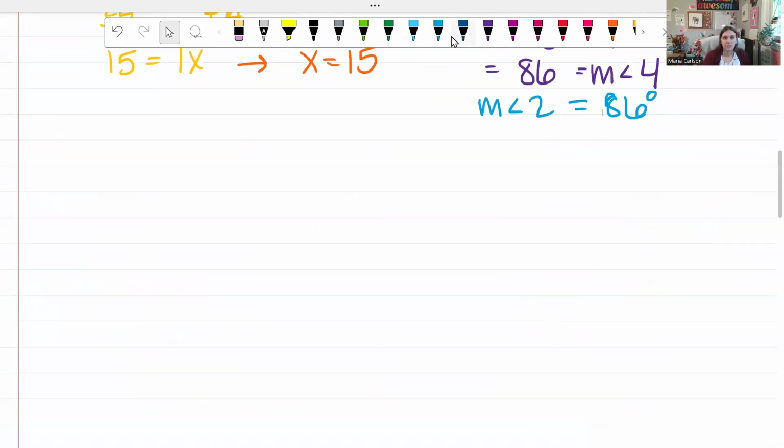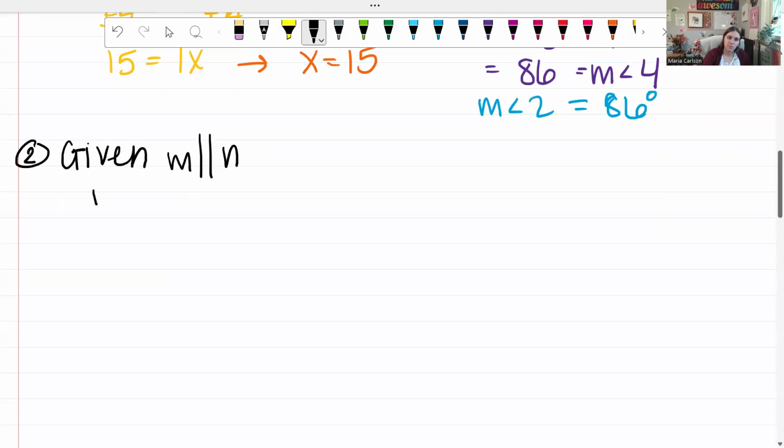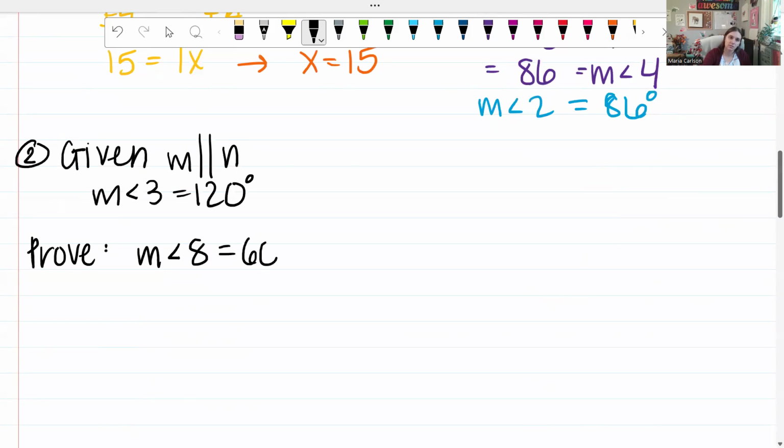All right, next thing we are going to do is given that M is parallel to N, and the measure of angle 3 is 120 degrees, we are going to prove that the measure of angle 8 is 60 degrees.